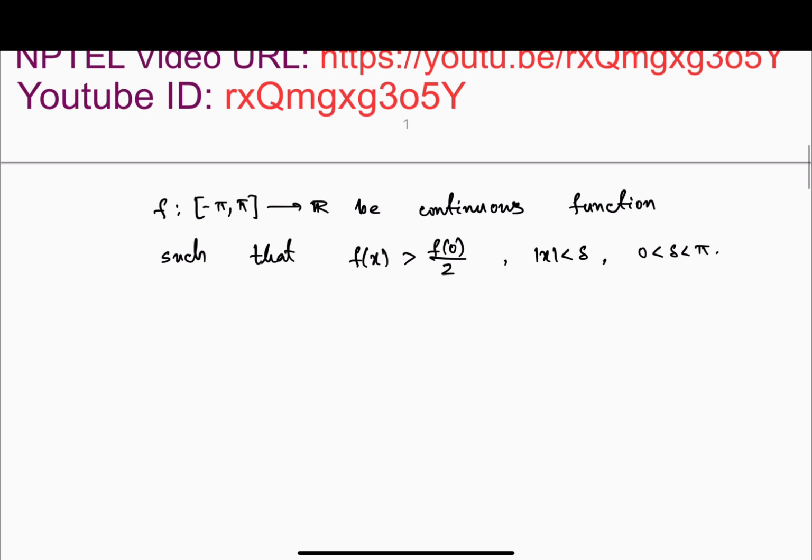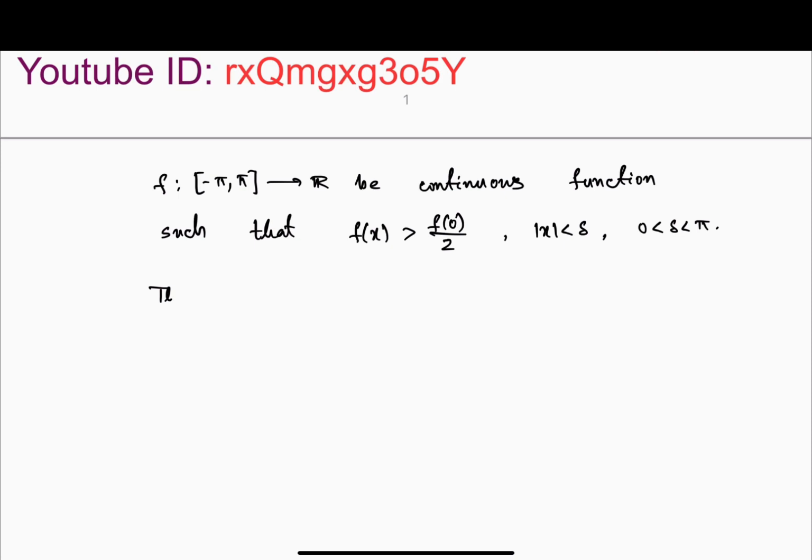This is a continuous function on a compact interval, so therefore f is bounded. f is bounded means mod of f(x) is less than some quantity c for all x in minus pi to pi. Okay, so we'll use this fact, that f is bounded.